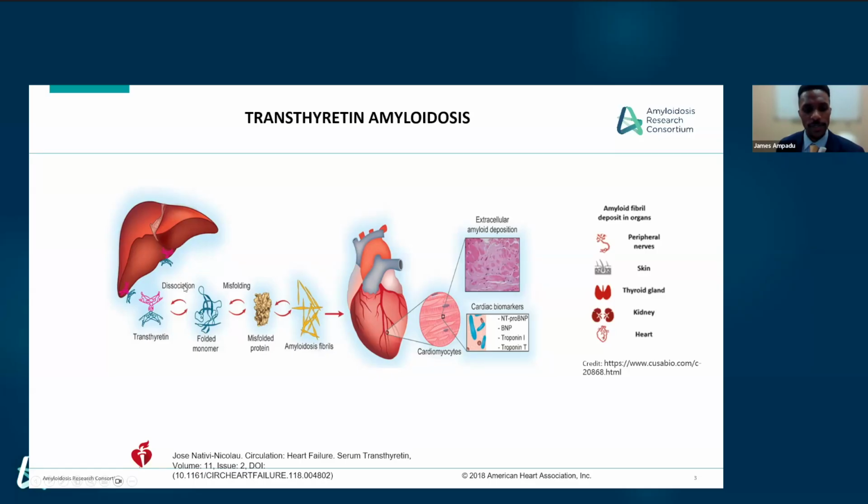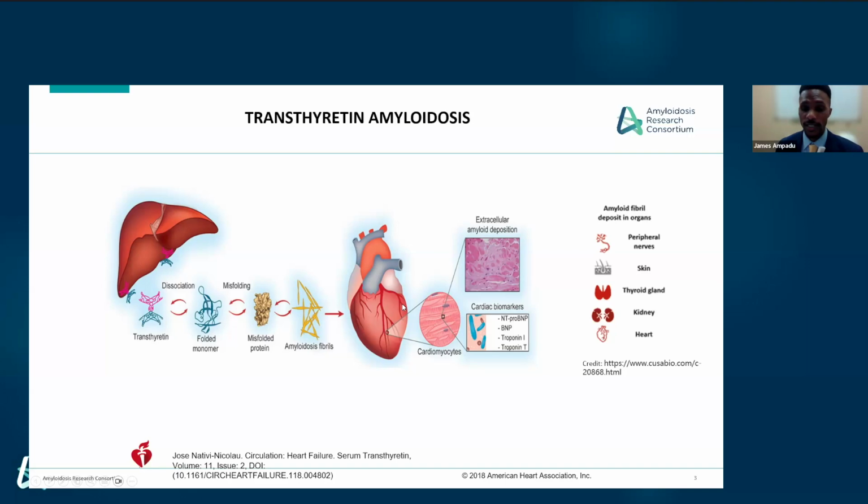This dissociation happens because of a mutation. The mutation can be inherited, so that is that hereditary form that we mentioned, or it can be acquired as you age, and that's the wild type version. So the tetramer, again, dissociates into monomers. It misfolds. You get a buildup of different monomers, and this leads to amyloid fibrils.